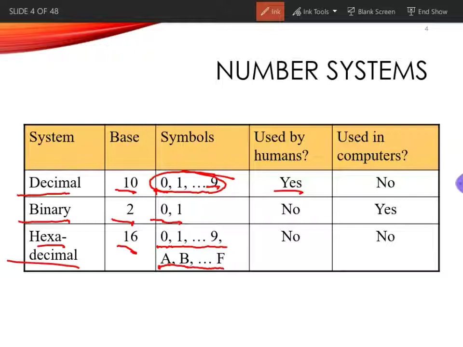So in everyday life, humans generally use decimal numbers, 1, 2, 5, 6. Binary or hexadecimal is something that humans don't really use in everyday life. However, if you're looking at computers, computers don't understand decimal or hexadecimal.